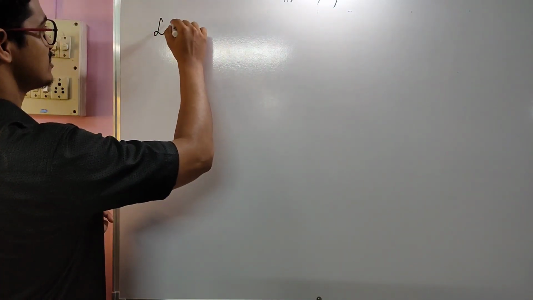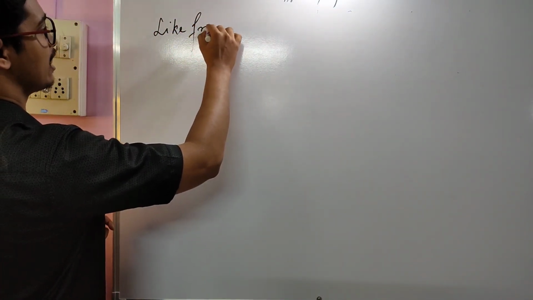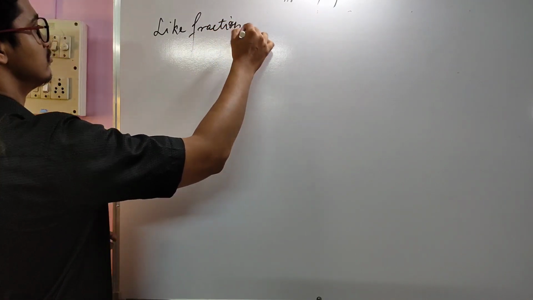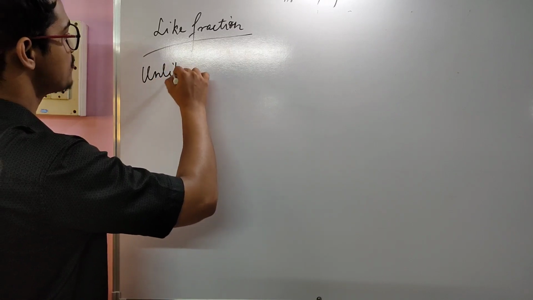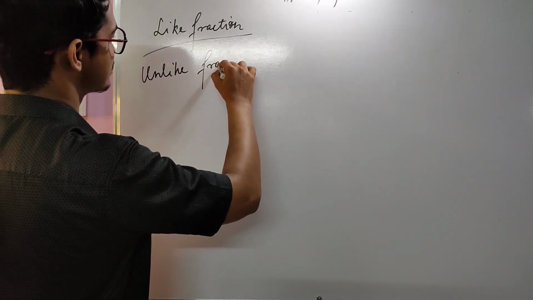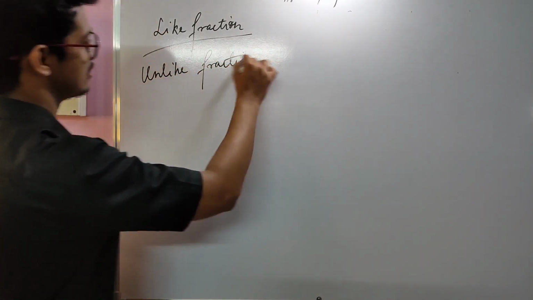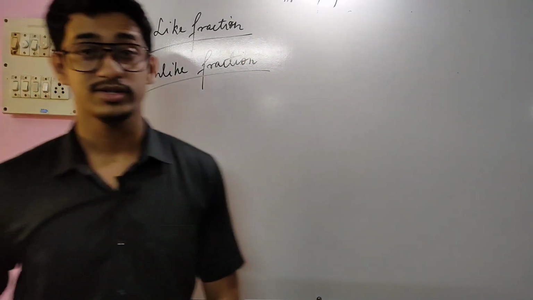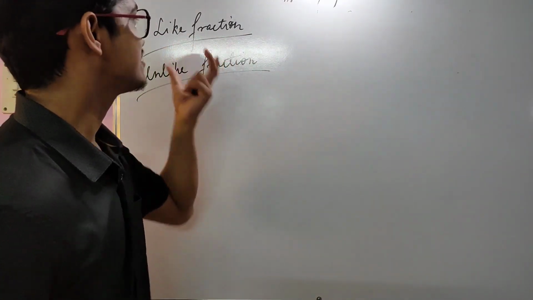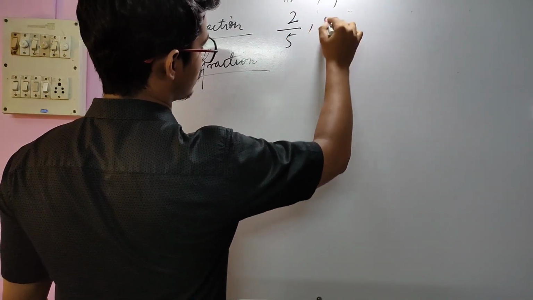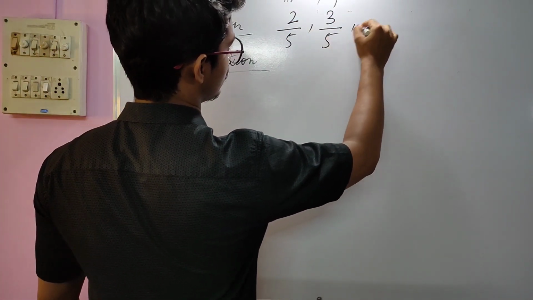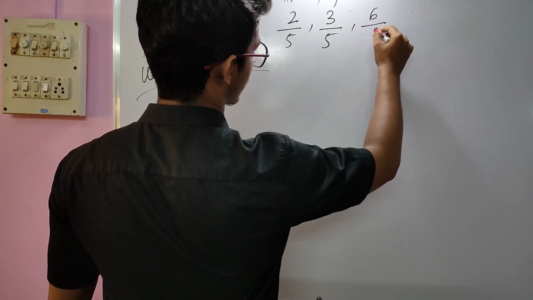So the last two fractions are like fractions and unlike fractions, right? By the name we can understand that one is the converse of the other. So what is a like fraction? Like fraction is when we have 2 by 5, 3 by 5, let's say 6 by 5.